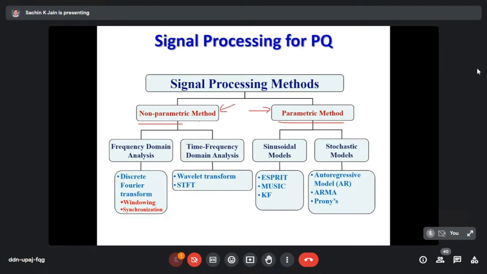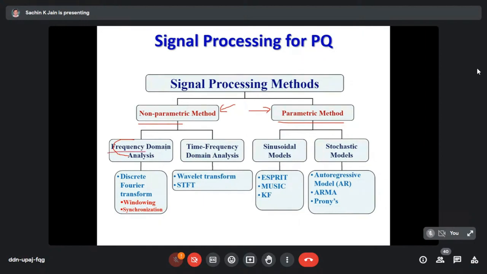Non-model based means they rely on some basis functions, for example, sinusoidal functions in Fourier transform, wavelets in wavelet transforms. We have many other non-parametric methods, for example, Hilbert-Huang transform, HHT, it is not mentioned here. Okay, so all these are non-parametric methods.